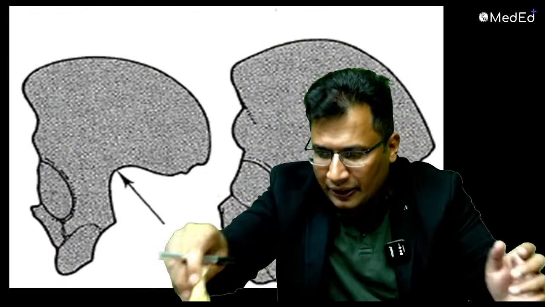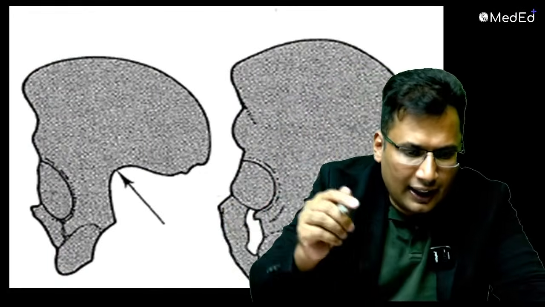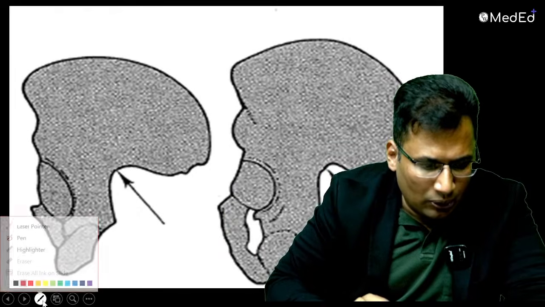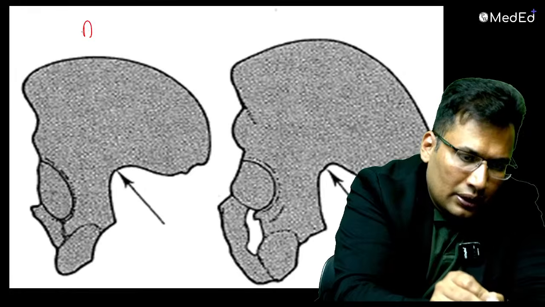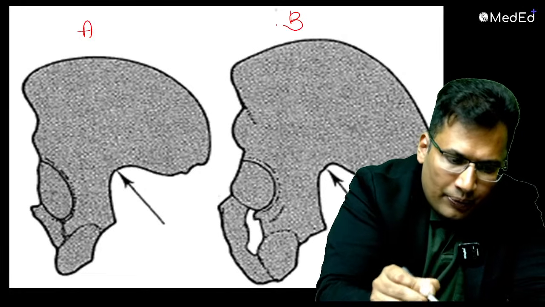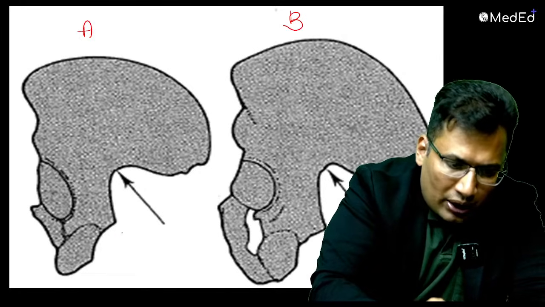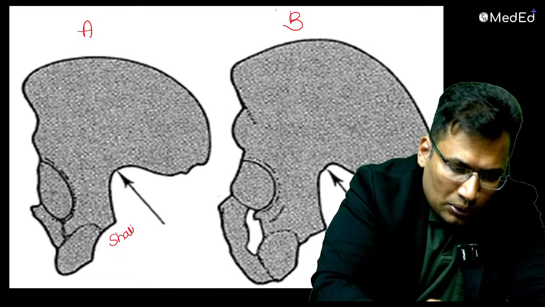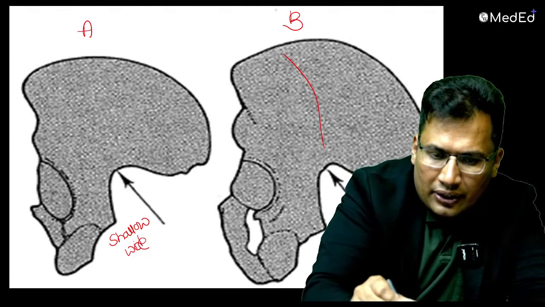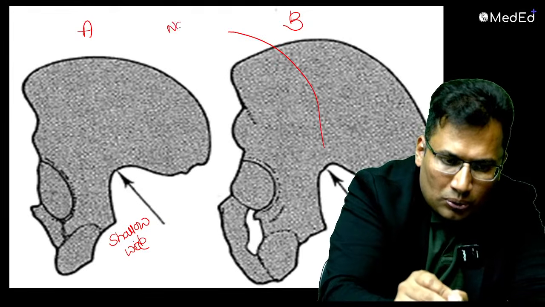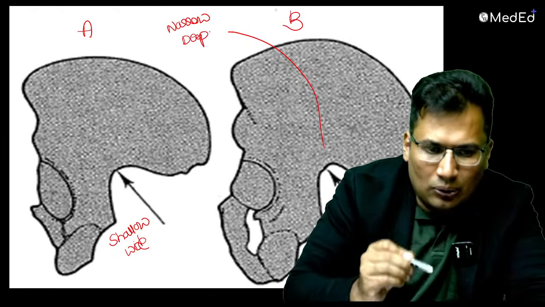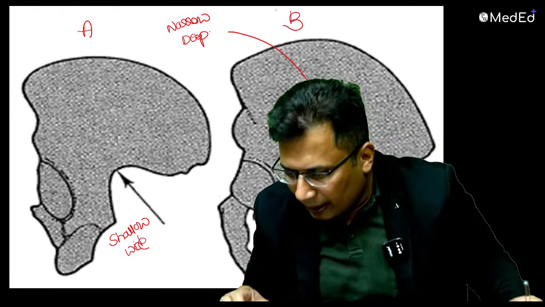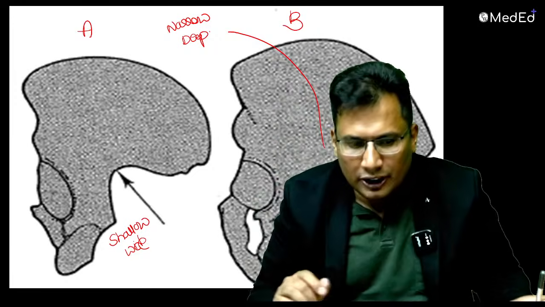Now look at this image, A and B. Can anyone make out male and female pelvic bone here? This is A and this is B. Look at this. This is somewhat shallow and wide. Here it is somewhat narrow and deep. So look and tell me which is male and which is female. Keep answering this.